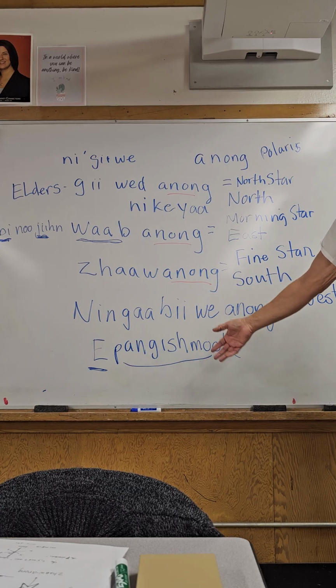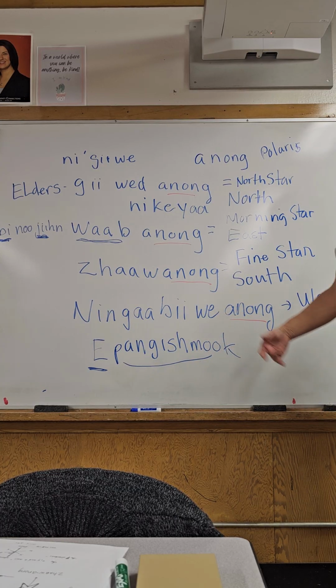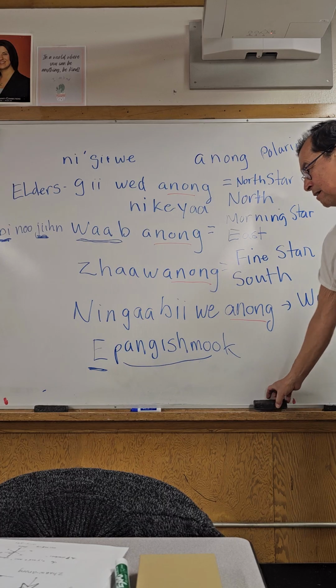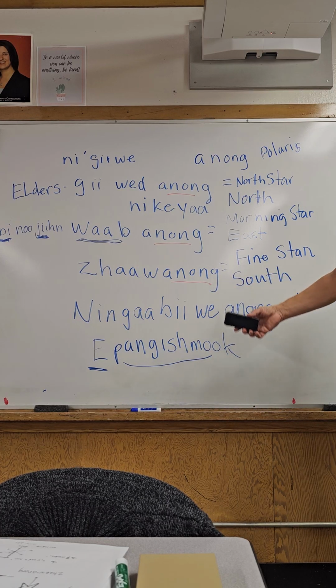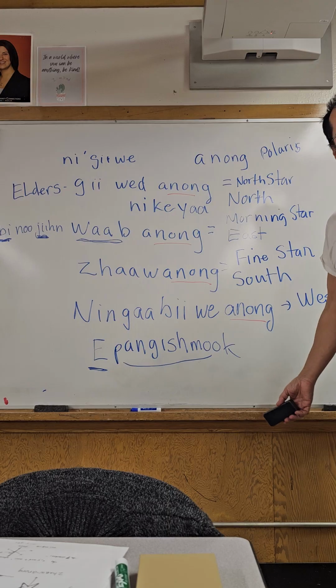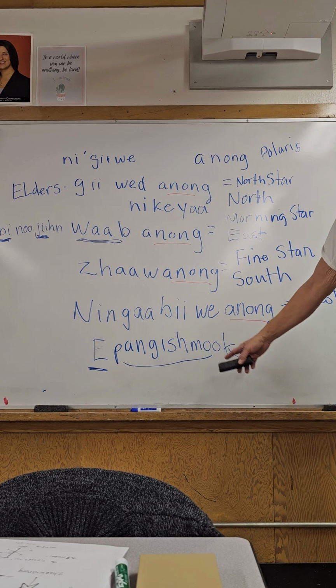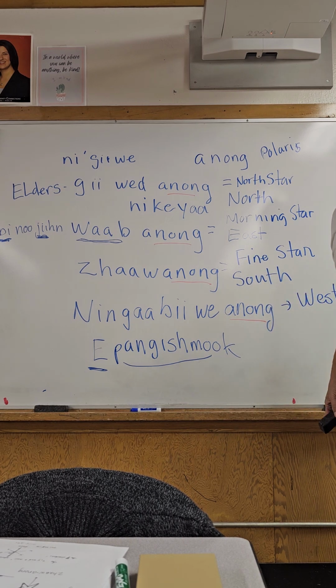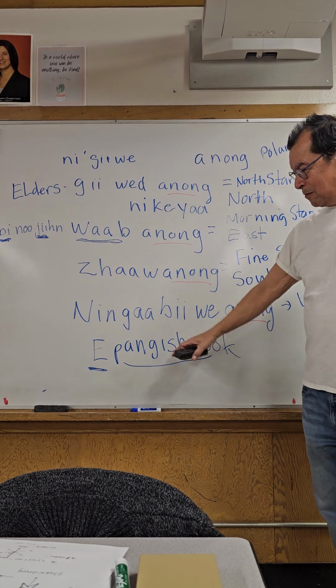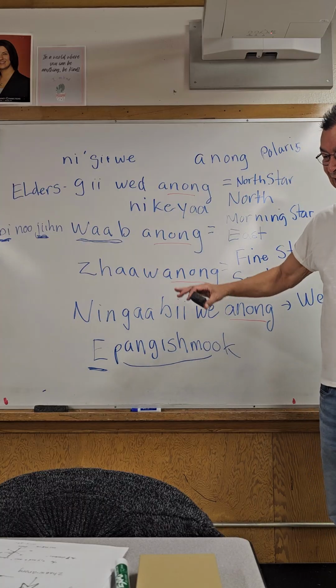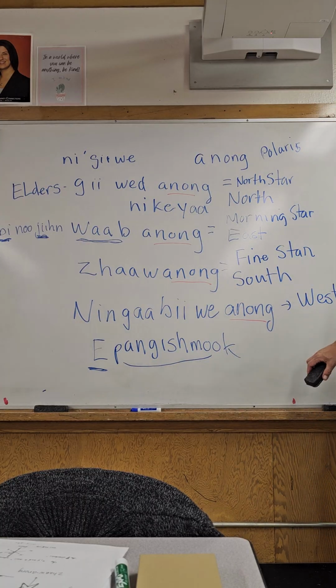Pungishmo is the place where they go to recline, or lay down, fall down maybe, depending on the context. In my policing days, I'd often run into people who would consume too much alcohol. Gipungishin, right? They passed out. So that's what this is, a reference to going to sleep or reclining. So these are the four star words that we use to describe our directions.